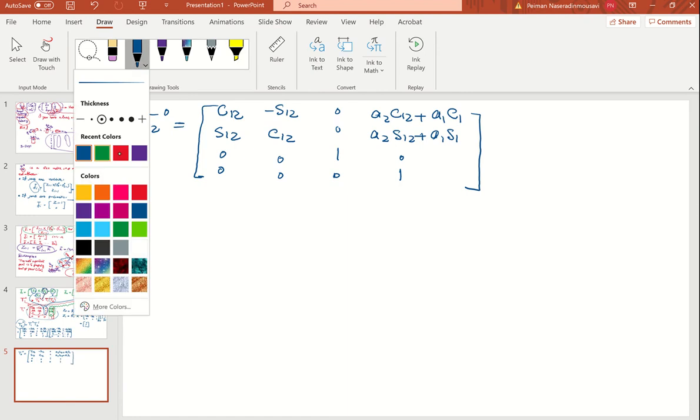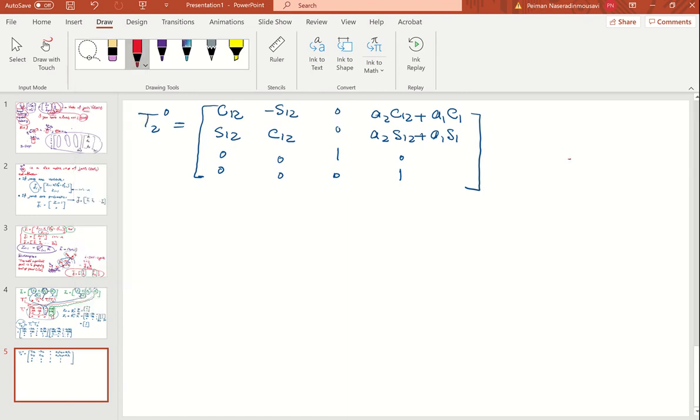In this notation, for simplicity and saving the page, cosine 1 2 is cosine of theta 1 plus theta 2, and sine 1 2 is sine of theta 1 plus theta 2, and cosine 1 is cosine theta 1, sine 1 is sine theta 1, and you know the rest.